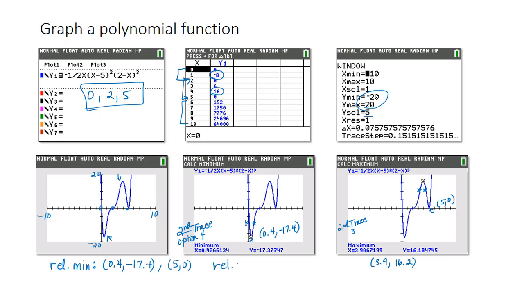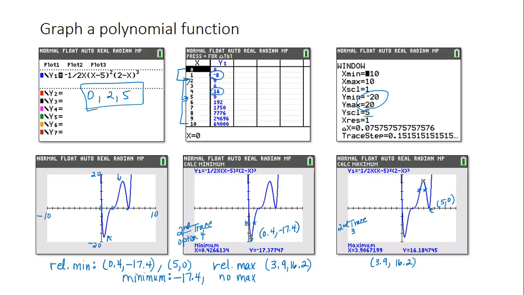And the relative max is at 3.9, 16.2. So the minimum value of this function is negative 17.4, but there is no absolute maximum because the graph continues upward.